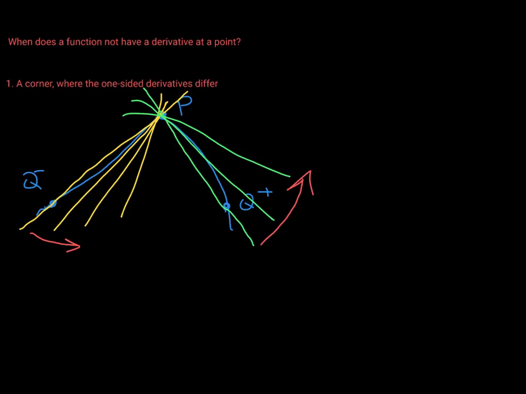The point of the matter is these one-sided limits are not the same, and notice the slopes of these secant lines to the right of P are very different from the limit of the slopes of these secant lines to the left of P. That's why we're saying the one-sided derivatives are different. That's why this function would fail to be differentiable at this point P.